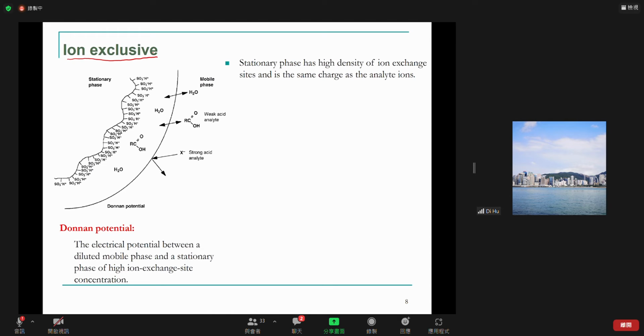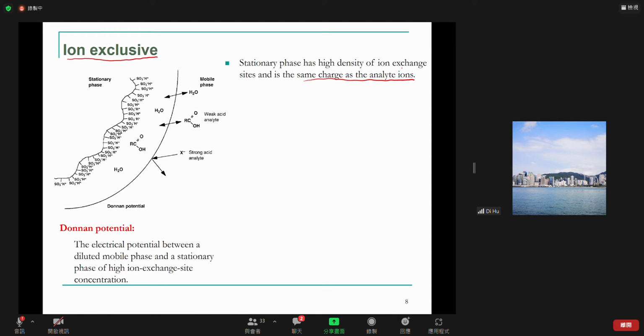However, for ion exclusion chromatography, you can tell from the name, it is excluded. The stationary phase now has the charge that is the same as the analyte ion. So this is totally opposite to ion exchange. You can see here, the stationary phase has a very high density of these ion exchange sites, and they have the same charge as the analyte.